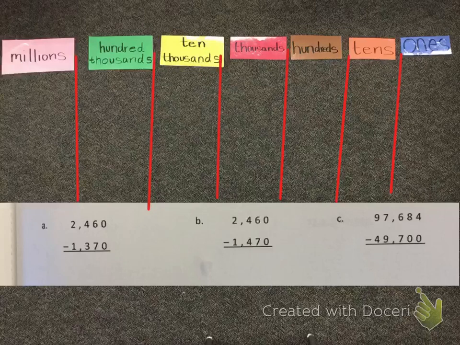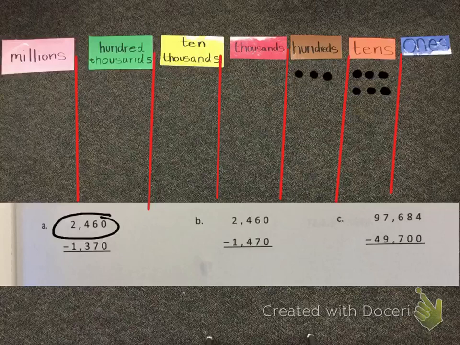Like I just did in the last lesson, we're going to be focusing on 2,460. I'm going to be placing the dots, and we're going to be subtracting. So we have 0 in the ones, 6 in the tens, 4 in the hundreds, and 2 in the thousands.